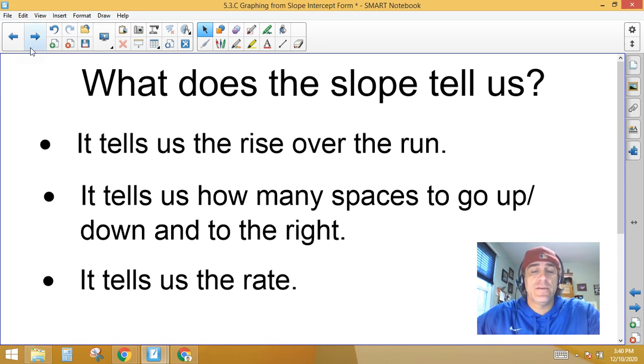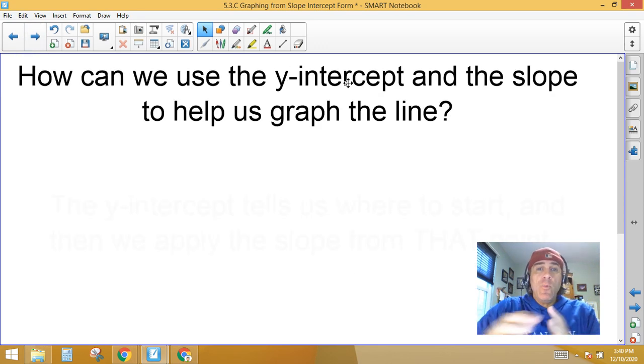So now, how can we use the y-intercept and slope to help us graph the line? I'm not going to make you write anything, but think about this one for like 3 seconds. How can the y-intercept help us? And then the slope. Well, if the y-intercept goes through the y-axis, we know that is an exact point on our line on the y-axis.